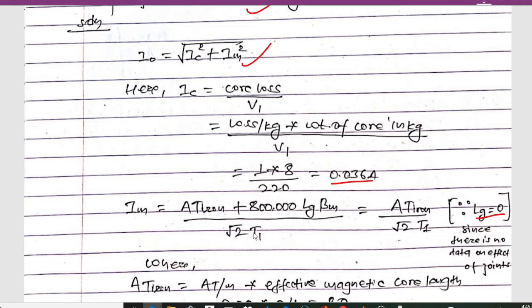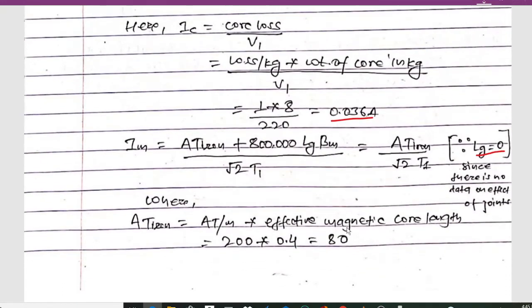So at iron upon root 2 into T1 will be remaining here. So at iron will be AT per meter into effective magnetic core length. So AT per meter is given as 200 in the question, and effective magnetic core length is given as 0.4. So on calculation we will get the at iron as 80 here.